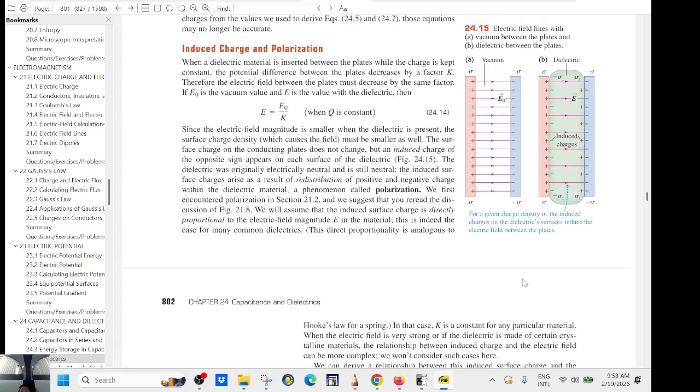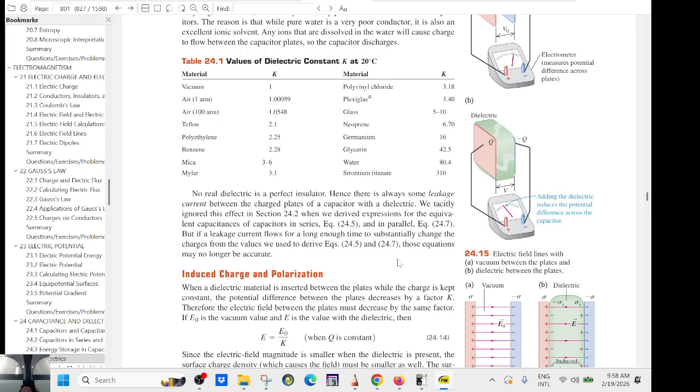And you have some values there. Teflon is 2.1, vacuum is just 1, mica is good. So you have different values here.